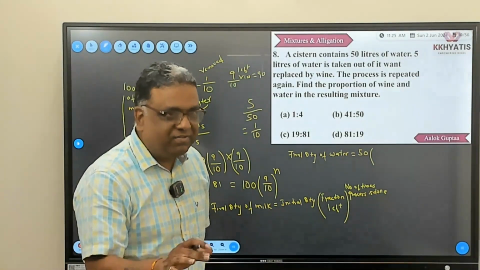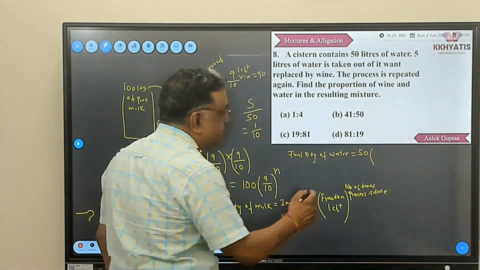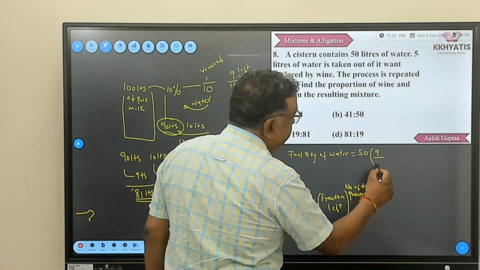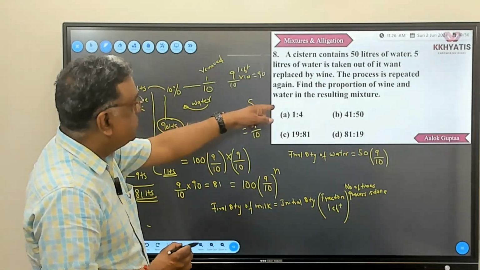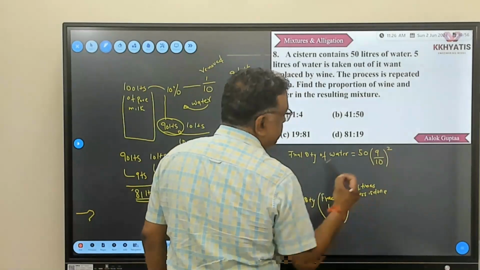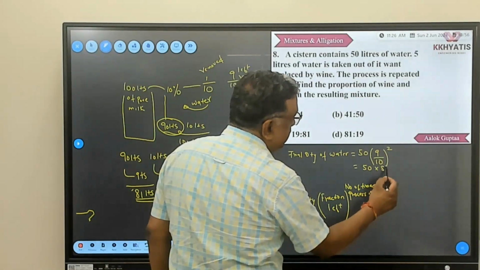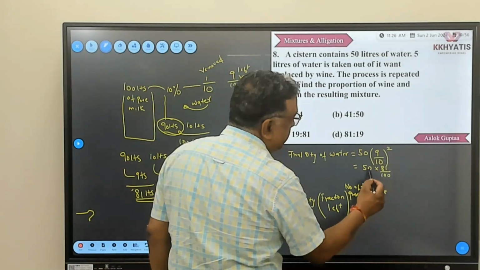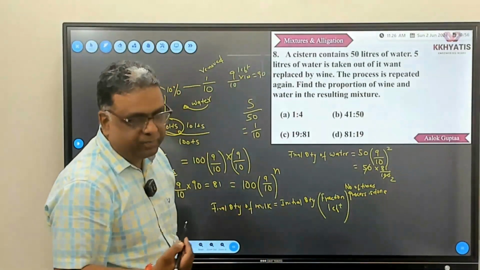How much is left? 9 upon 10. If 1/10 is removed, what is left is 9 upon 10. So that is the fraction left. And this process was repeated 2 times, so the square of this. The final quantity of water would be 50 into 81 upon 100. That is 81 upon 2.